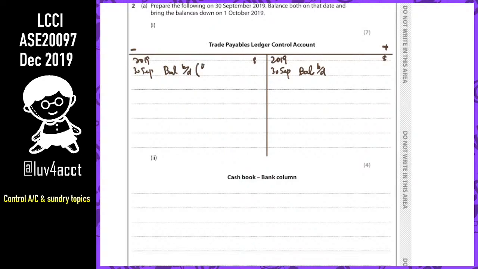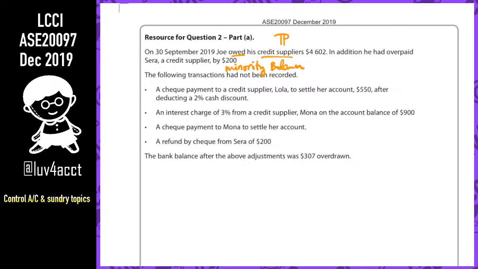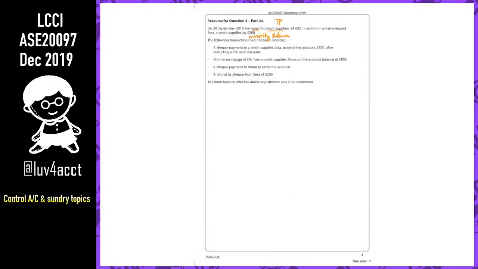And then on this side you have a minority balance. You don't have to write this minority balance, but usually I do it because it reminds me. Sometimes when I see something off, then I will know I made a mistake. So it helps. So the balance is 4602 and 200. 4602, 200.